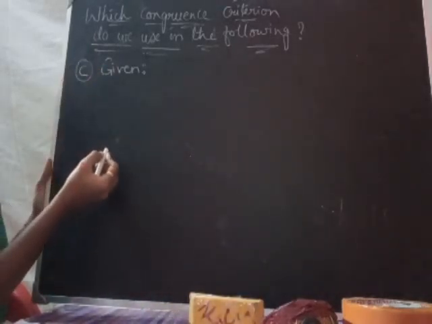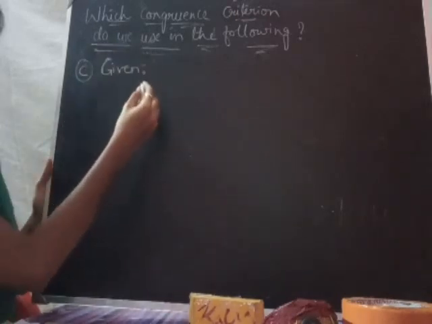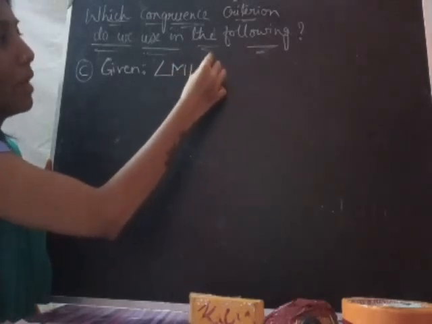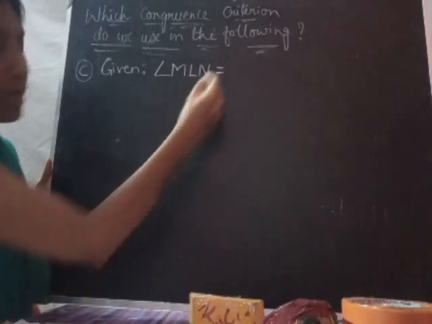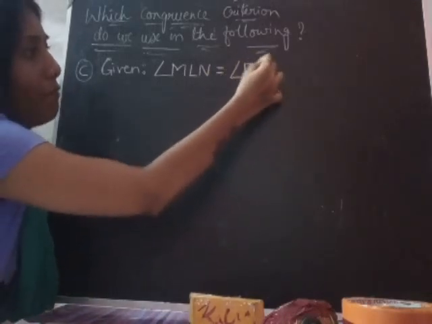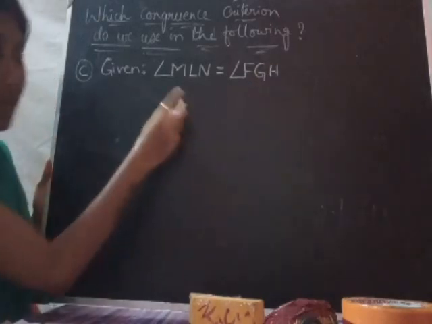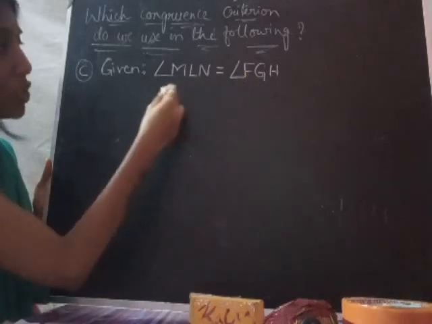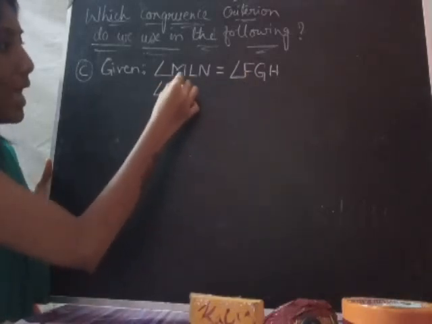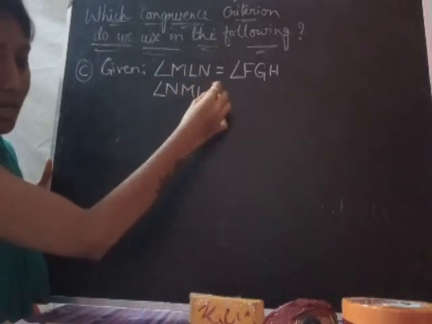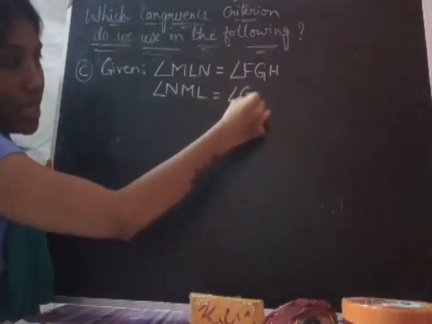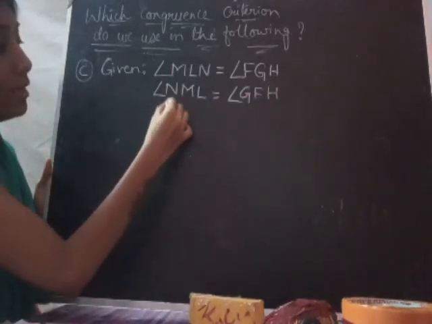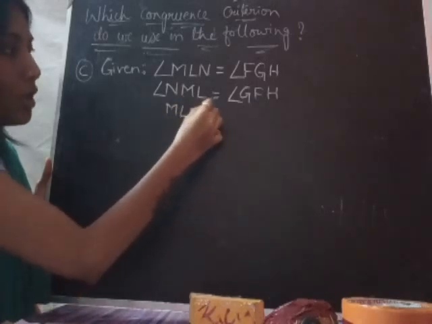Given angle MLN equals angle FGH, angle NML equals angle GFH, and side ML equals FG.